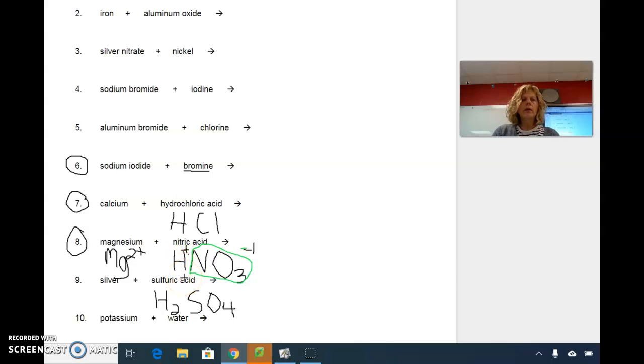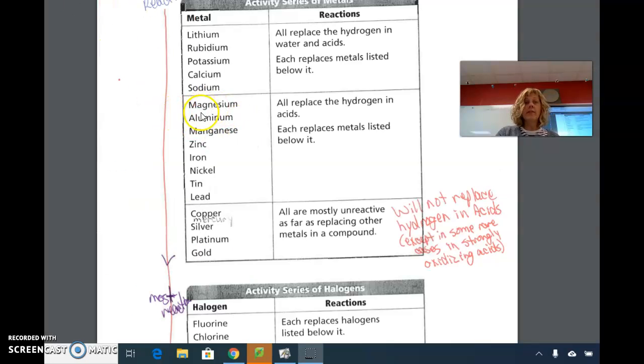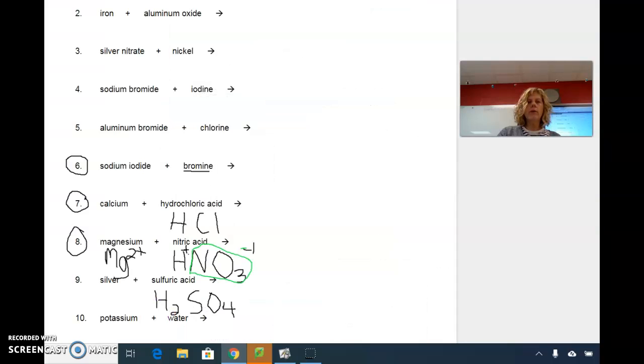All right, so now I need to look up my activity chart. So let me bring that up. So my handy dandy activity chart says, hey, magnesium, there it is. Magnesium will replace hydrogen in an acid. So I know a reaction is going to occur here because it's saying, yeah, this actually will replace.